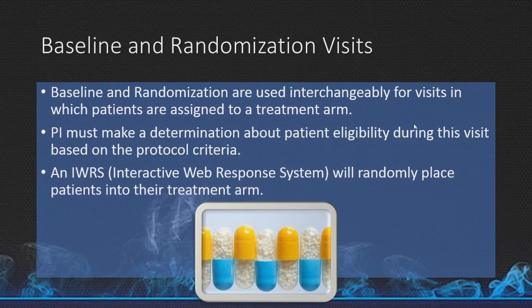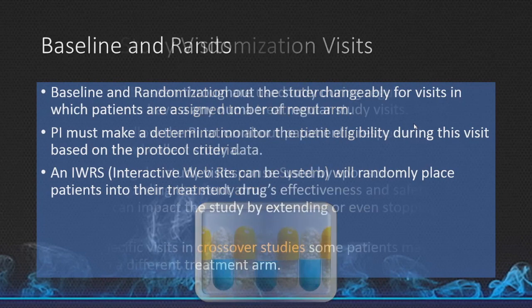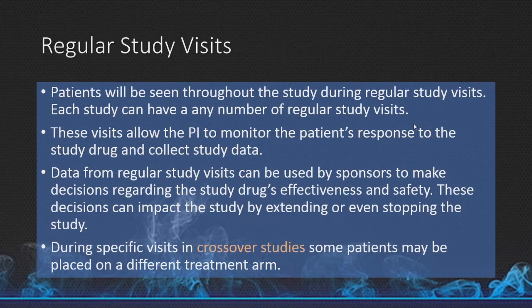Then the coordinator will go get that, match that number to the actual bottle or blister pack, and bring it out to the patient. So that's randomization, made really easy and condensed into one slide. It's always nice to keep things simple.